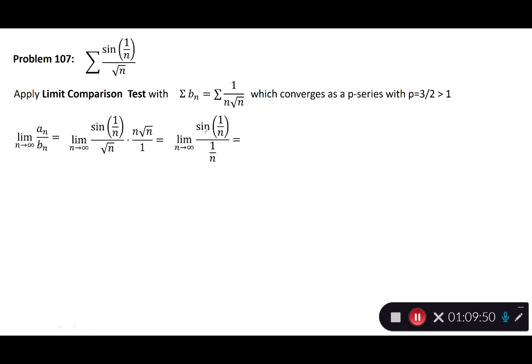Sine of m over m. The limit as n approaches infinity of sine m over m? We cannot do that. We cannot say sine of m over m, but then leave this as the limit as n approaches infinity. We should say m approaches.